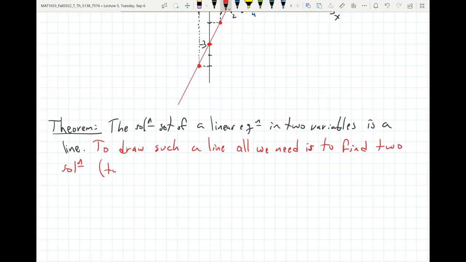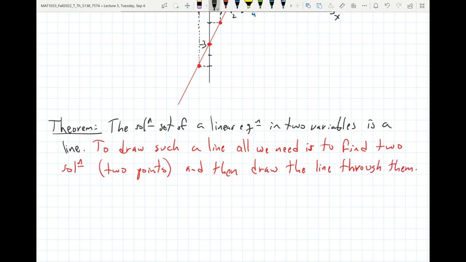So that is 2 points. And then draw the line through them. Okay.